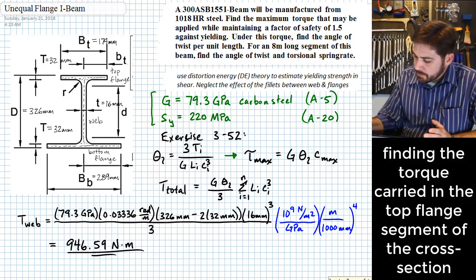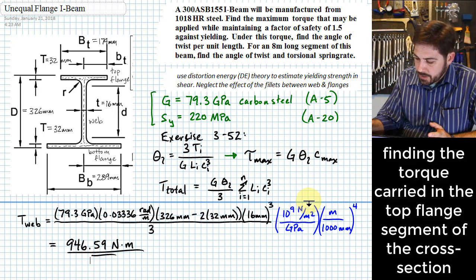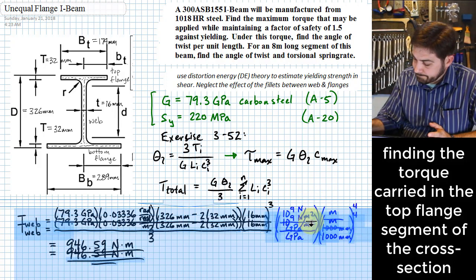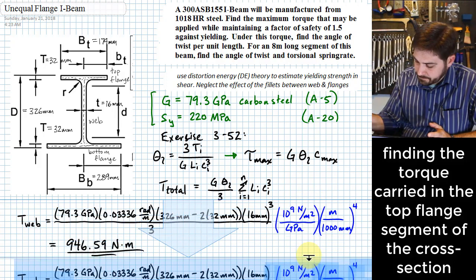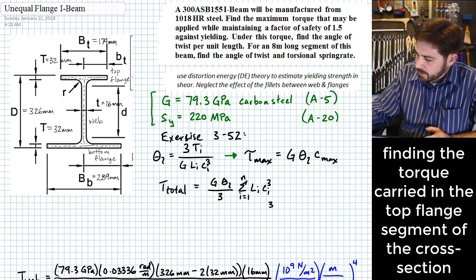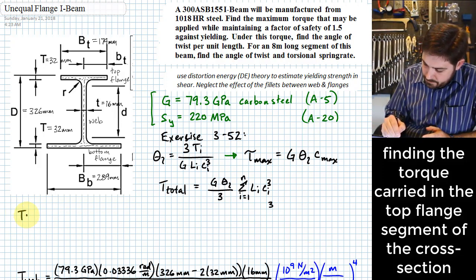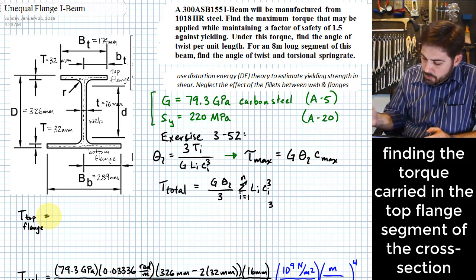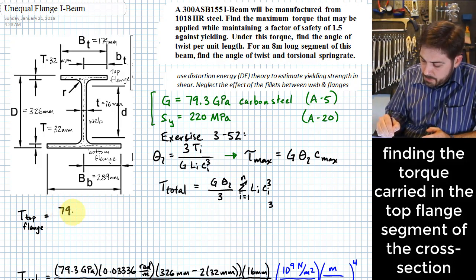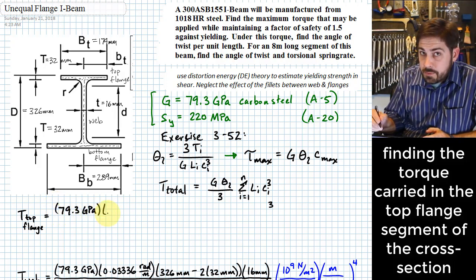All right, we're going to do something similar now for the top flange. Again, we're going to have 79.3 gigapascals times the angle of twist per unit length.